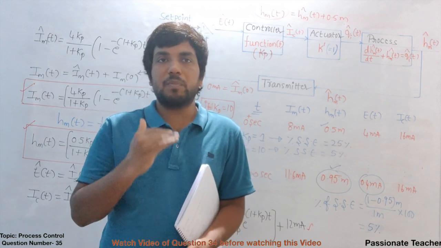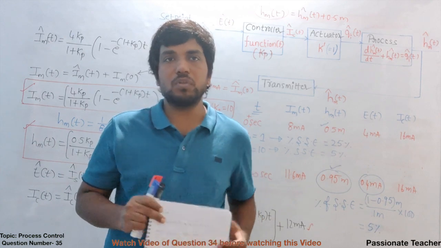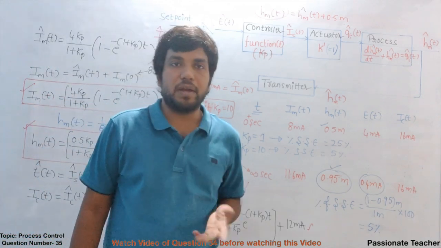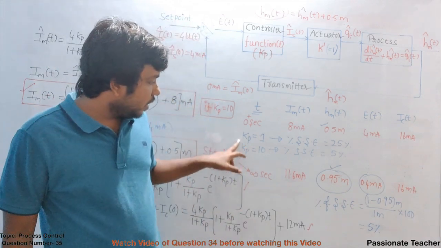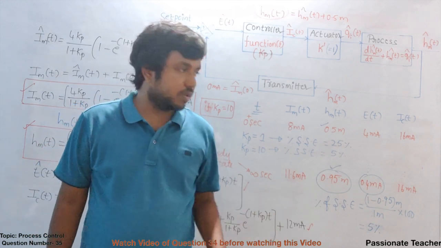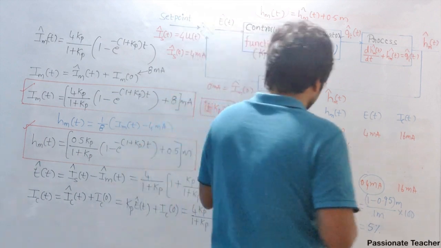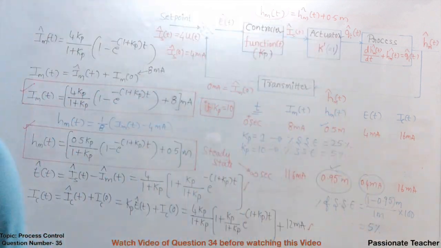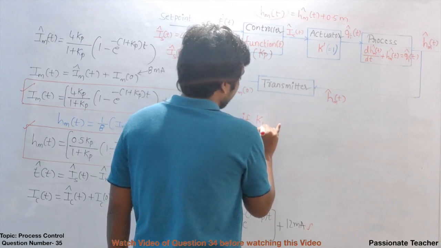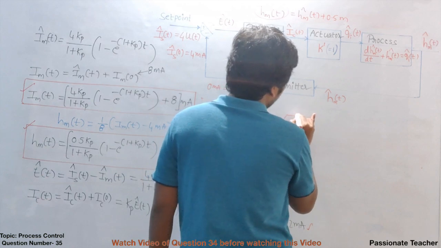At the same time, the speed of the response is going to be increased. But when I ask this question, most of the students say that the ideal value of Kp should be equal to infinity, because we know that when we increase the value of Kp, we are getting, interestingly, the desired values. That means steady state error is decreasing and the speed of response is increasing. Right? So let me conclude the topic here. That is, if Kp is increased, then it leads to two effects.